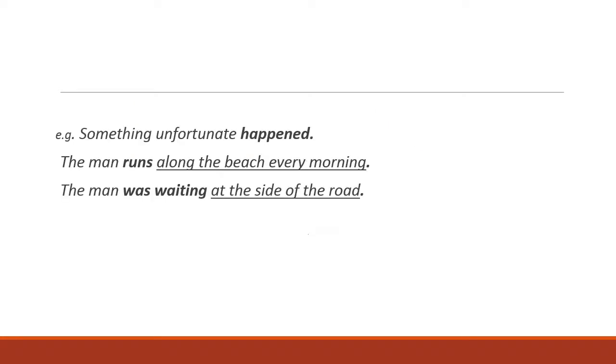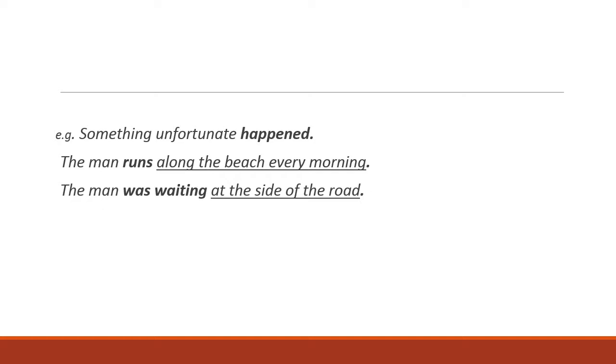Okay, now let's look at those sentences where we don't find objects. Something like this: 'Something unfortunate happened.' 'The man runs along the beach every morning.' 'The man was waiting at the side of the road.' In each of these sentences, there is a verb like happened, runs, or was waiting, and irrespective of the phrase that comes after it, they convey the complete meaning.